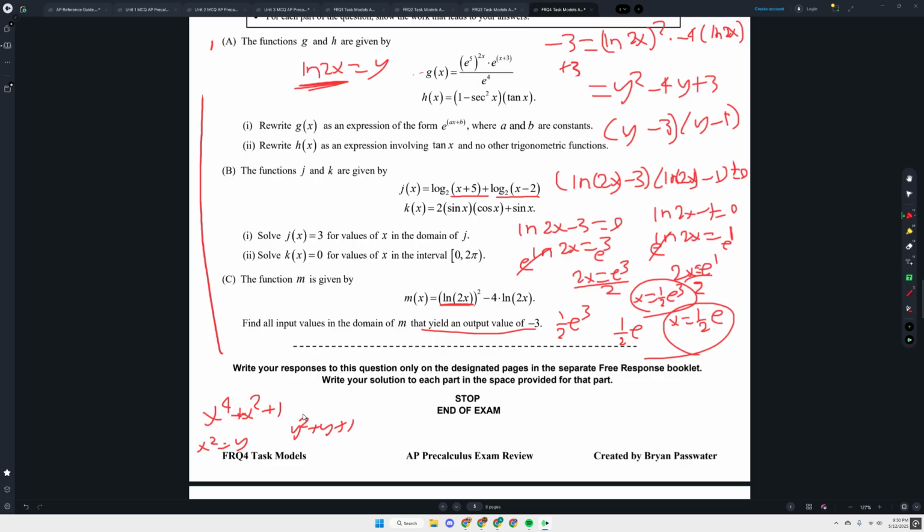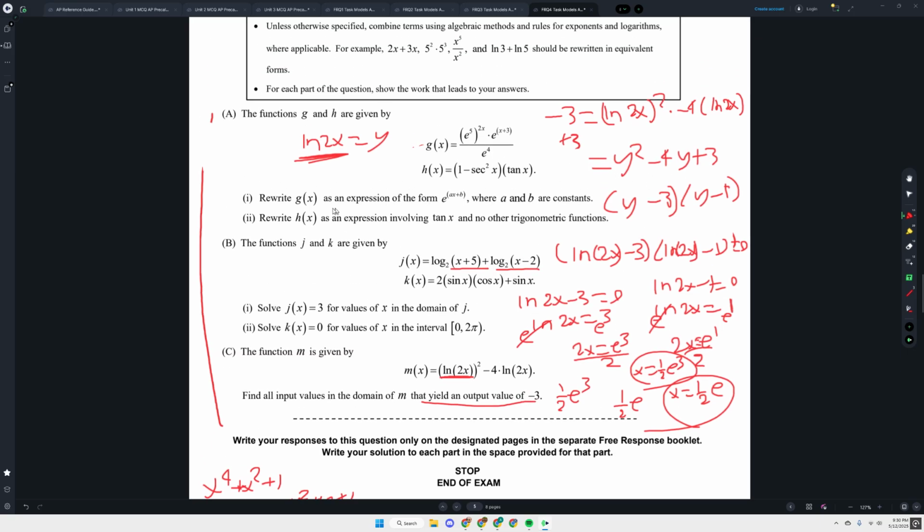So any questions on FRQ4? And I'll do one more poll and then we'll do one more FRQ. Can you explain what to do after the 2x? So from here we said that ln of 2x is going to be equal to a new variable called y.